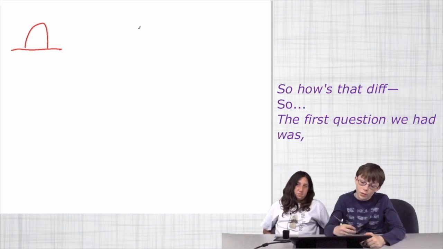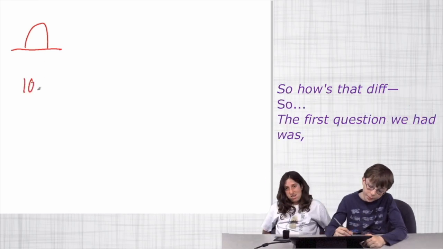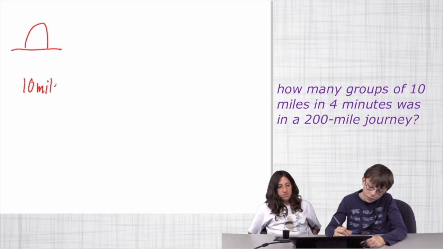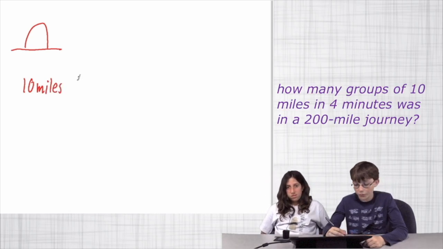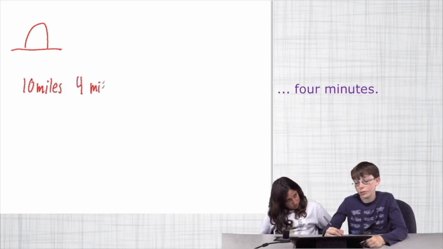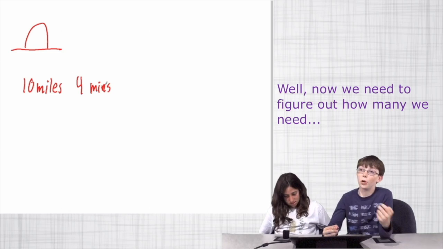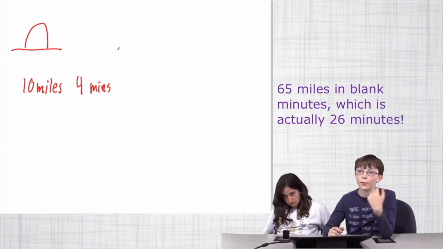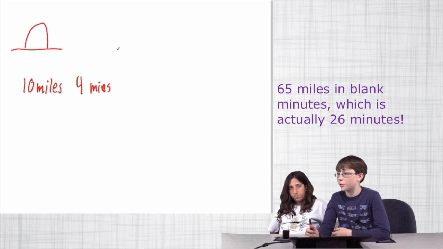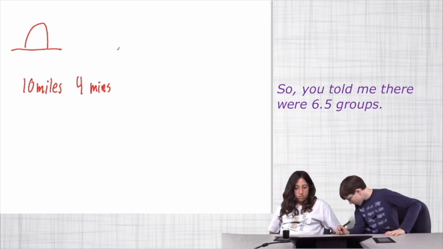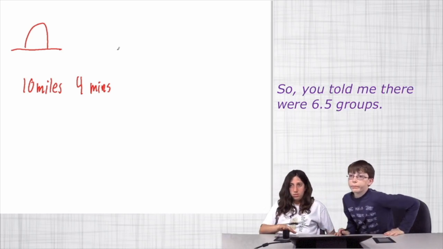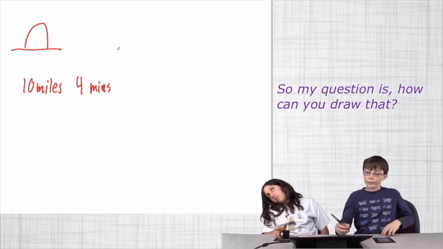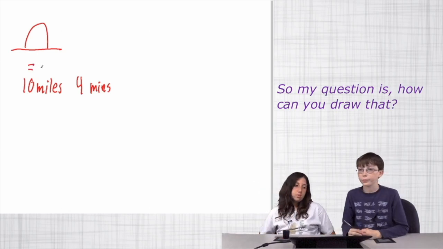The first question we had was how many groups of 10 miles in 4 minutes were in a 200-mile journey. Well, now we need to figure out how many groups of 10 miles in 4 minutes are in 65 miles, which is actually 26 minutes. You told me there were 6.5 groups. So my question is, how can you draw that?